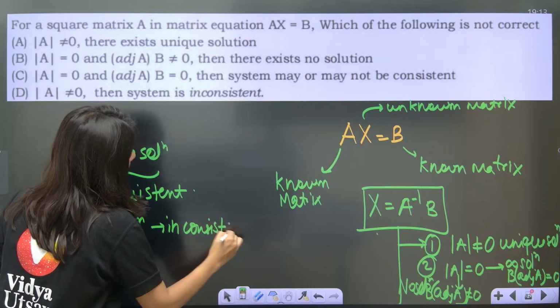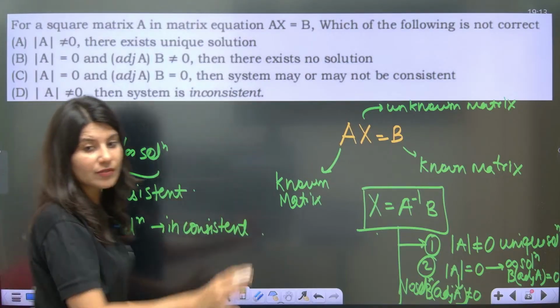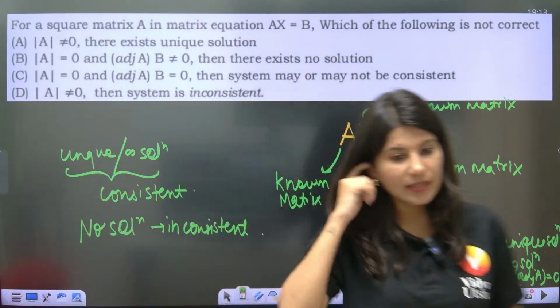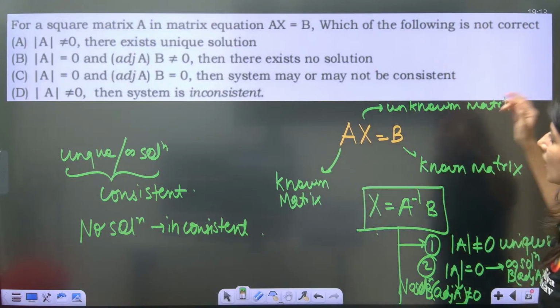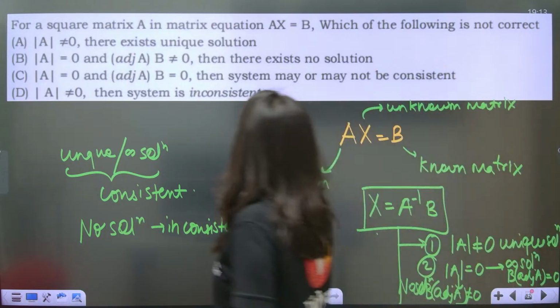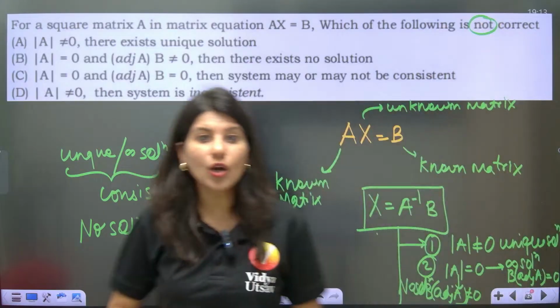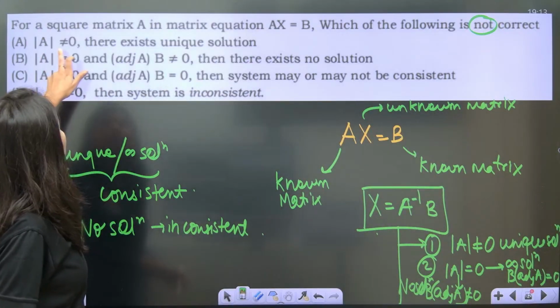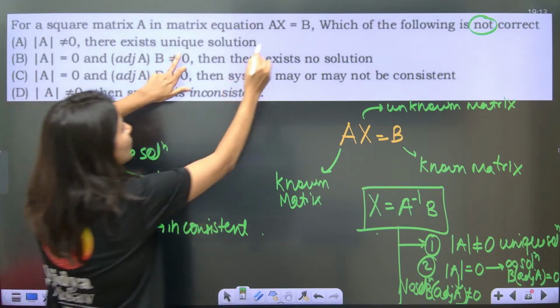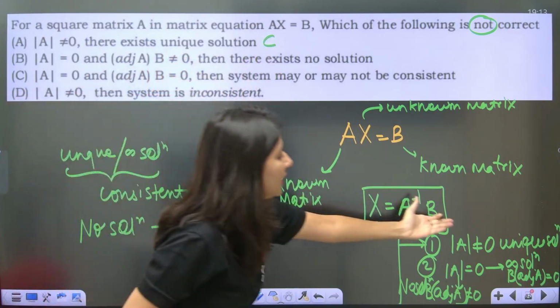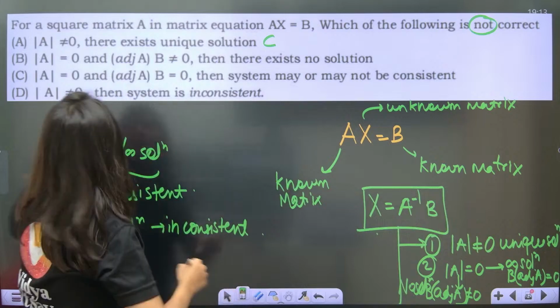Now let us do this question because we know the concept. They are asking which of the following is not correct. First of all, determinant A non-zero, unique solution. So this is correct.